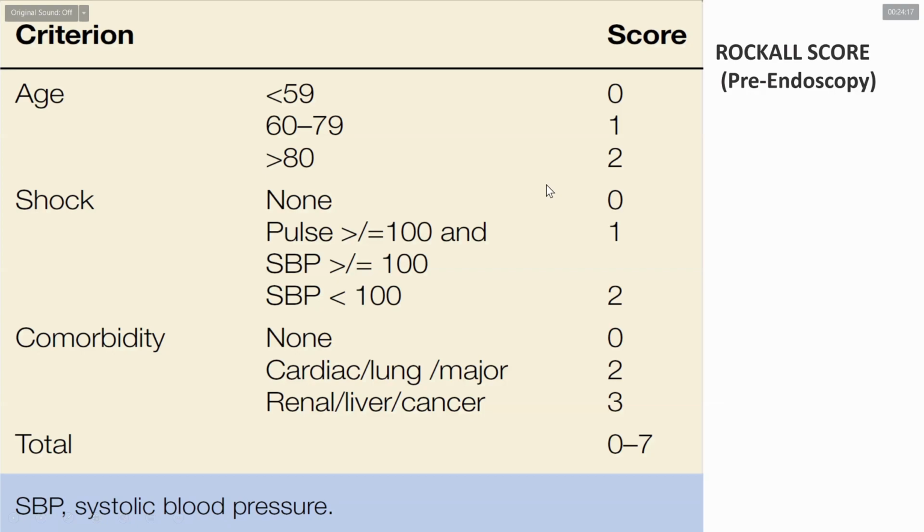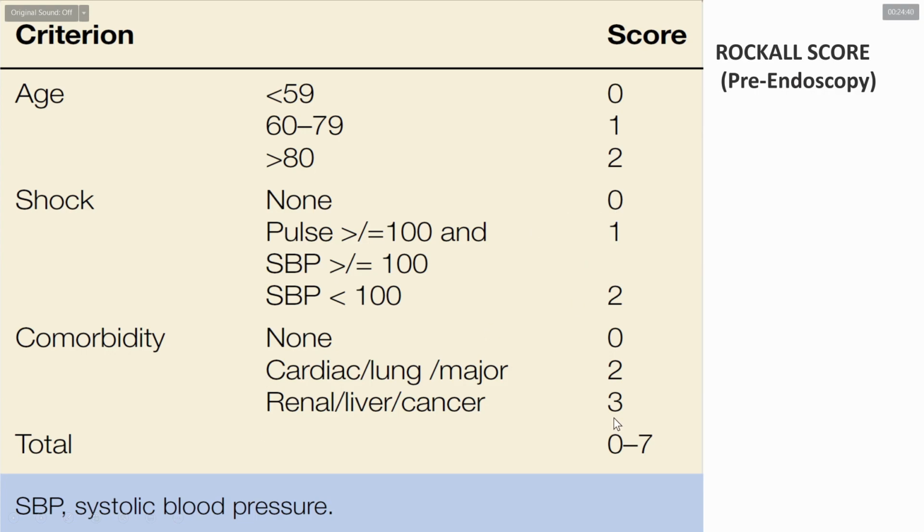Rockall, how do we classify, what scoring systems do we have for upper GI bleeding? We have the Rockall score, age, shock, comorbidities, which gives you a pre-endoscopy score. These are clinical, okay? Patient's age, heart rate, blood pressure, and his comorbidities.